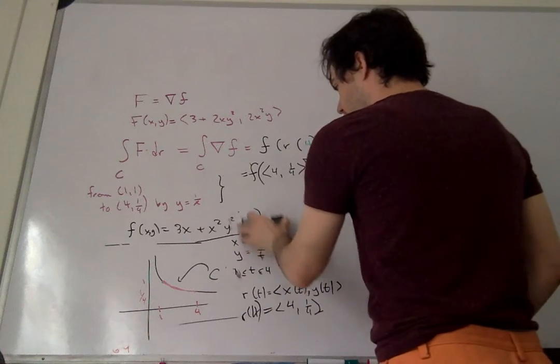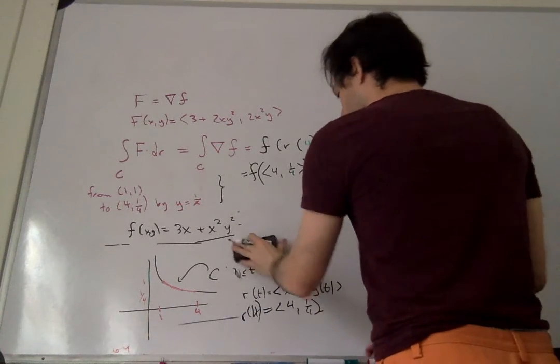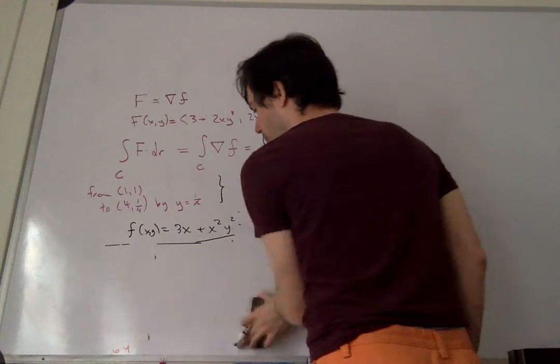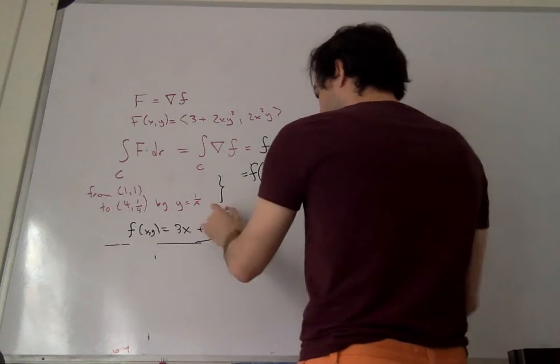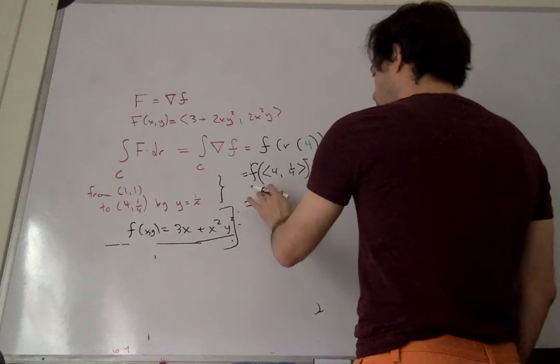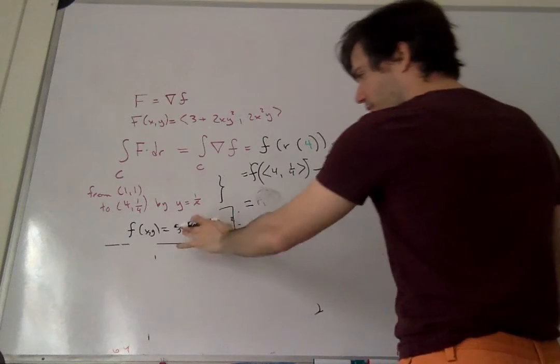And I'm going to erase that c because we don't need it, but you'll see why it doesn't matter. So go ahead and take those numbers and plug them in.